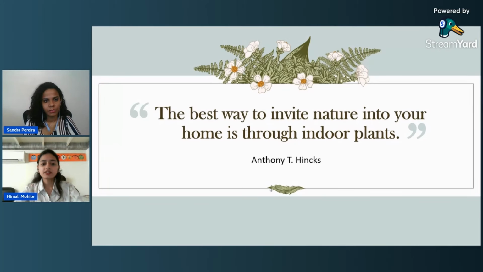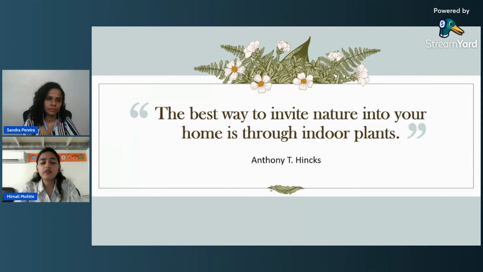Anthony Higgs has beautifully captured the essence of having indoor plants around us by saying that the best way to invite nature into your home is through indoor plants. Definitely, because indoor plants promote our health, and they aid the environment by absorbing carbon.